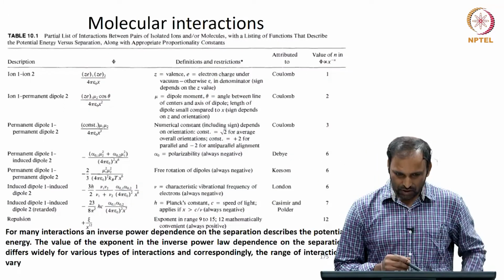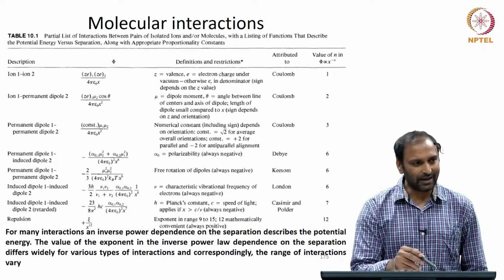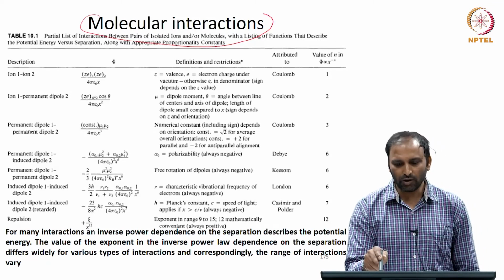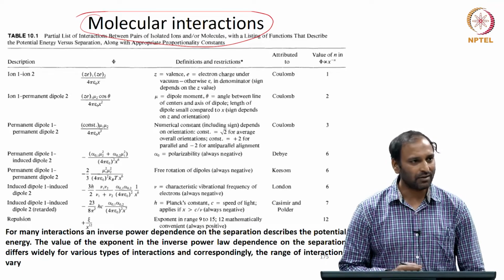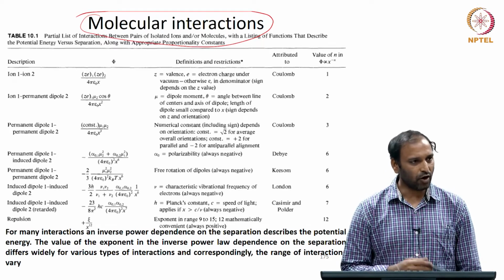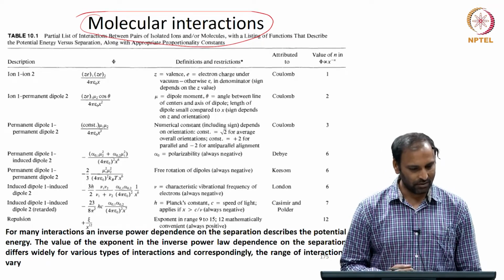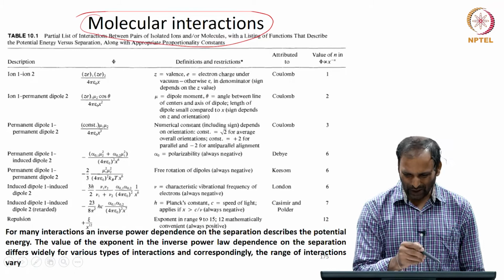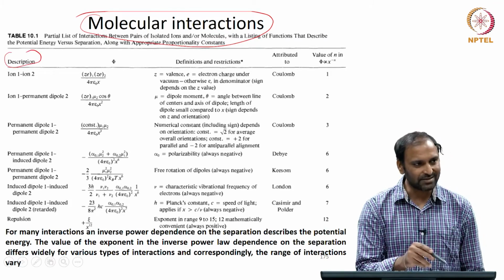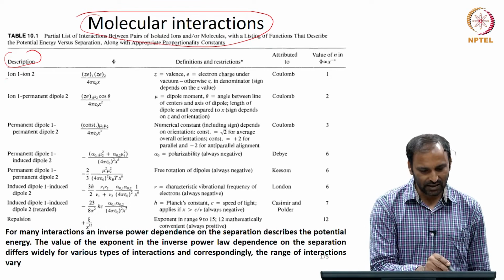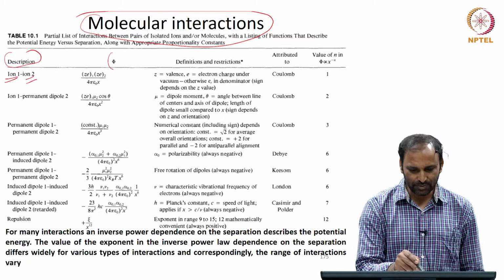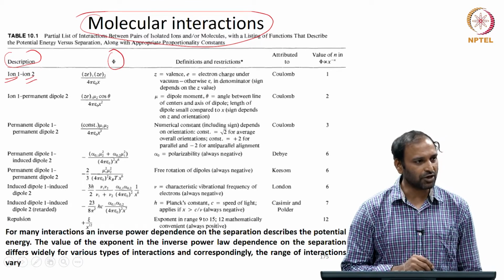Okay. So this is a table which lists all the molecular interactions between atoms, or ions, or the molecules that constitute matter. I will just quickly go through this table. There is a description that tells you what the interaction is between. In this case, it is an interaction between ion 1 and ion 2, and that is the expression for the interaction potential.